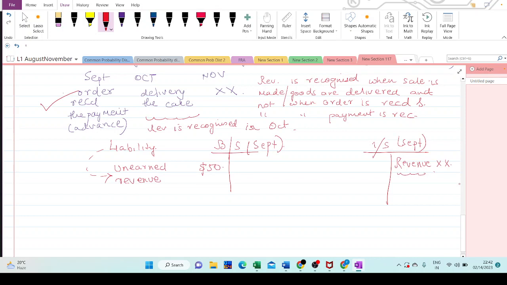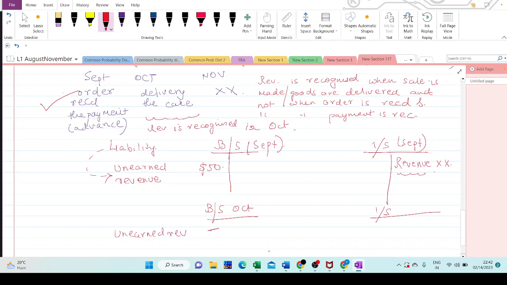In October, what will happen, guys, is that in the month of October, when the cake is actually delivered, unearned revenue would be removed from the books.